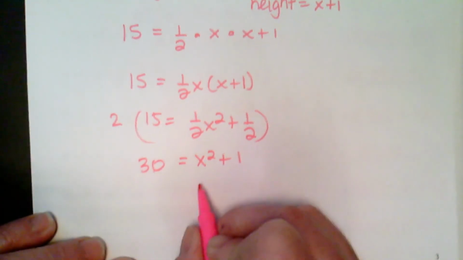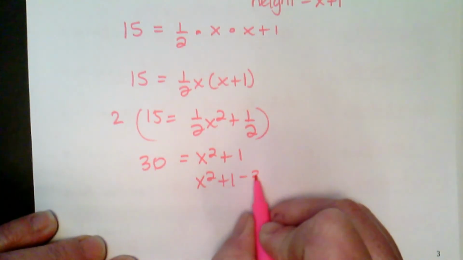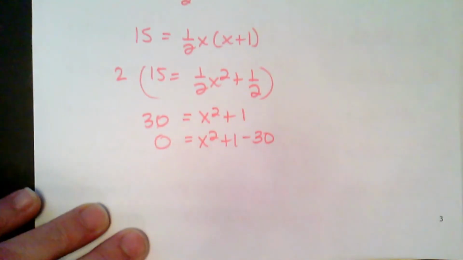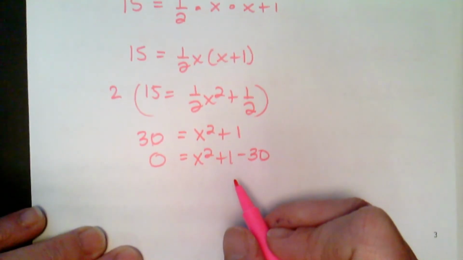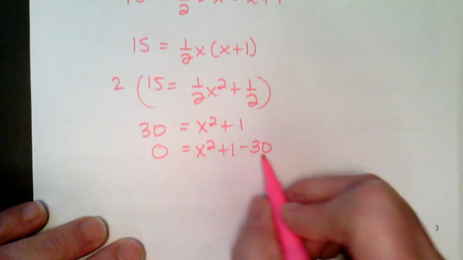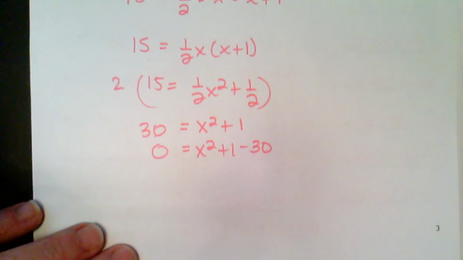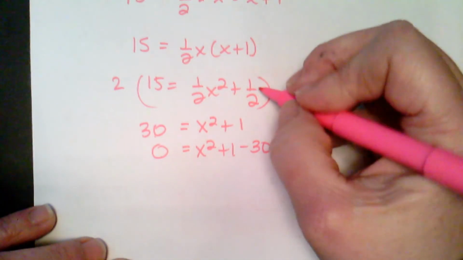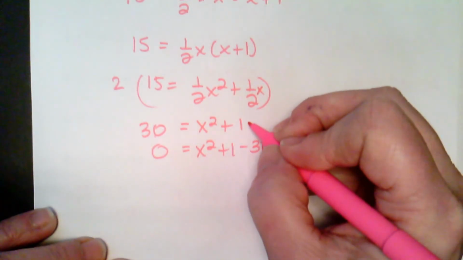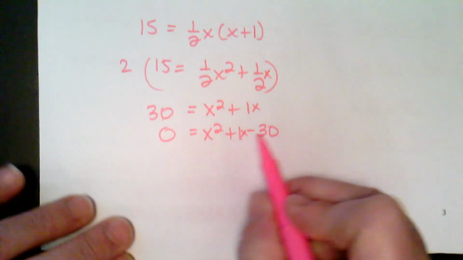I'm going to bring this over. And then I'm going to factor. Oh, wait a second. Am I missing? Oh, wait, these can go together. I'm missing an x somewhere. It's here. There we go. And then I can factor this.